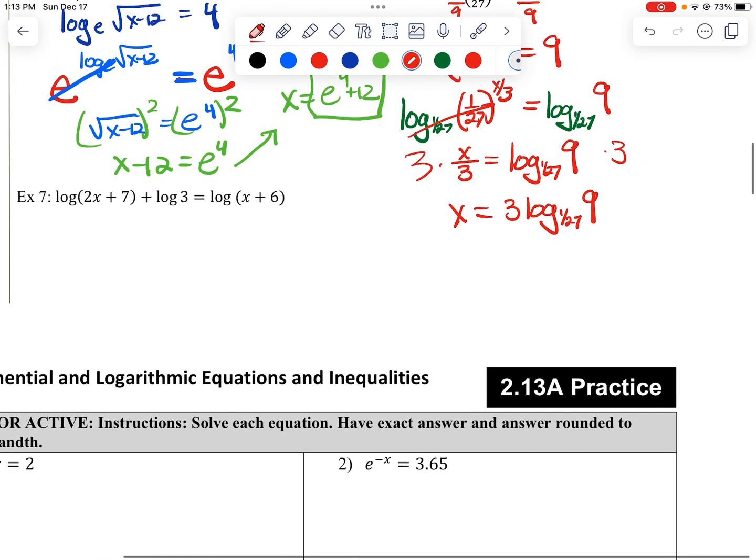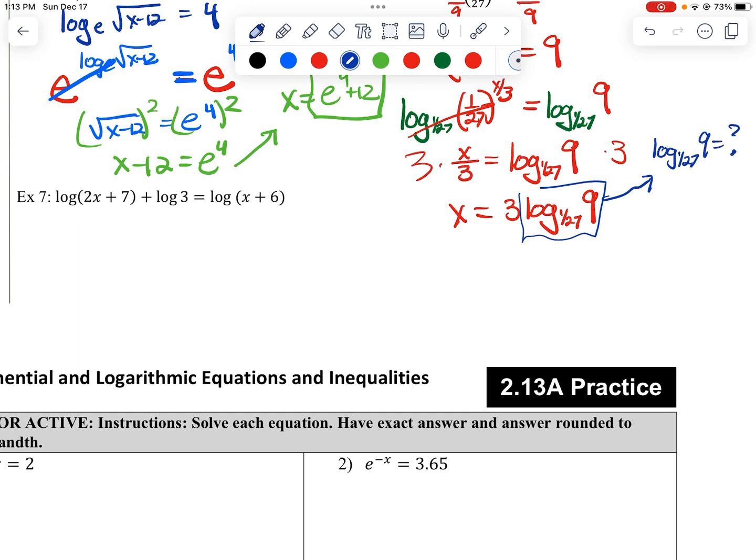And again, if you had a calculator, you could type this in. But if I said no calculator, you should be able to evaluate this. So log base 1 over 27 of 9 equals some value. So exponential, 1 over 27 to something equals 9. Let's see. So this is 1 over 3 cubed equals 9, which is 3 squared.